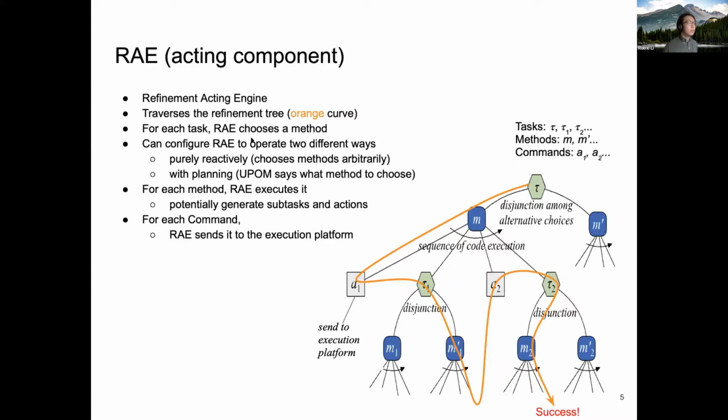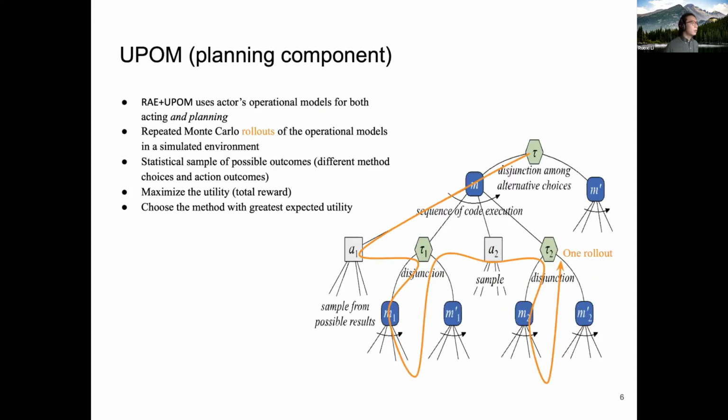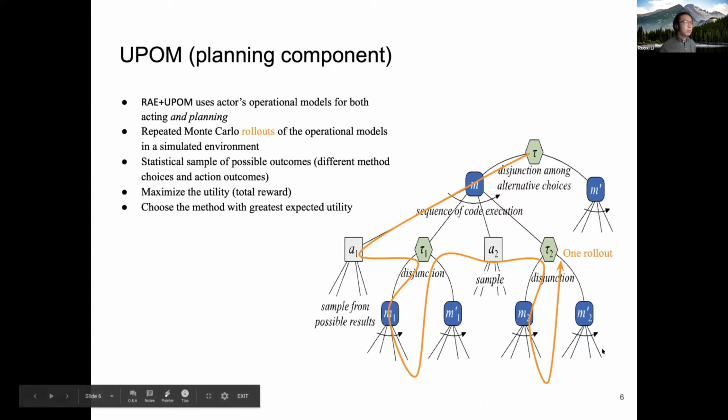There are different configurations for RAE to choose the methods. You can choose the method arbitrarily, or you can ask a planner to give it better advice on which method to choose. Okay, and here's the planner. It uses the same operational model as the actor does, and it does Monte Carlo rollouts of the model in a simulated environment.